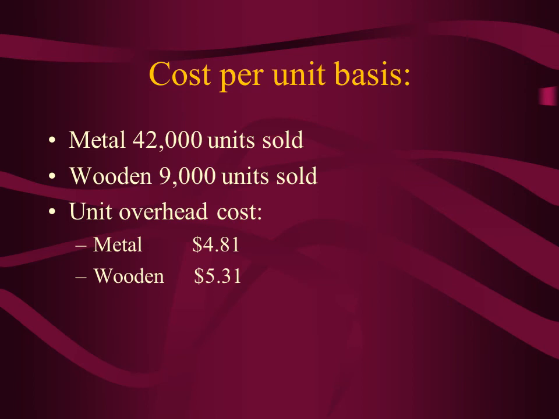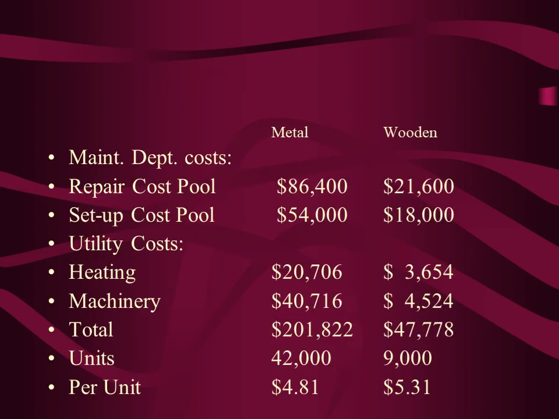So now the estimated sales for metal cabinet are 42,000 units and the estimated sales for wooden cabinet are 9,000 units. So the unit overhead cost comes to $4.81 for metal and $5.31 for wooden. So here we get the overall picture for metal cabinet and wooden cabinet.